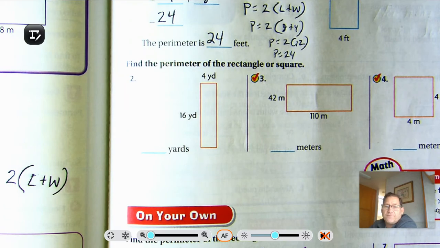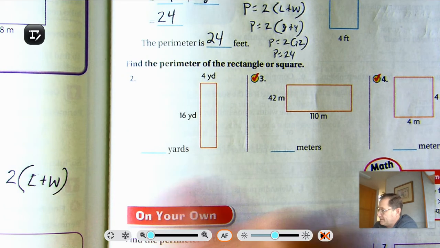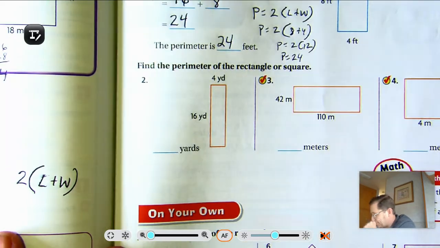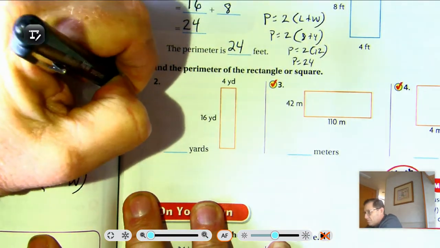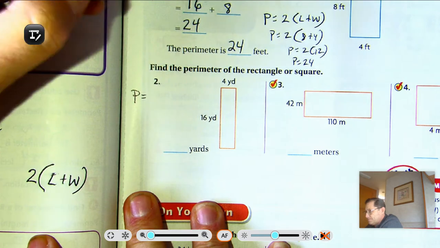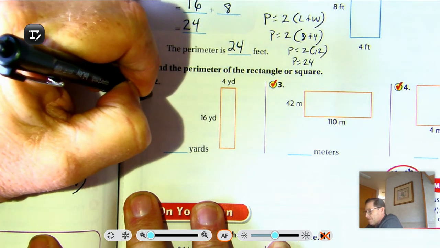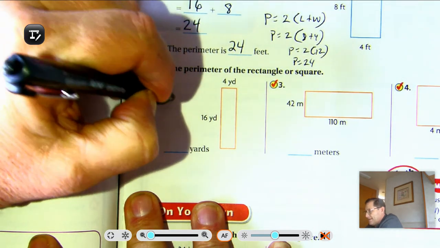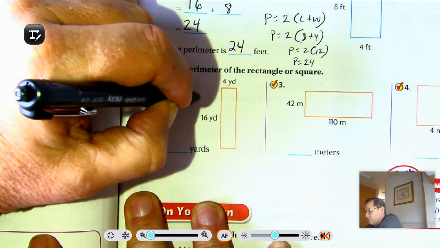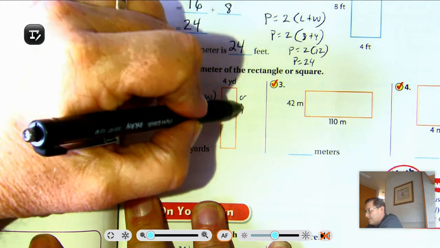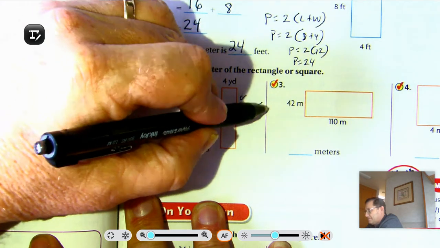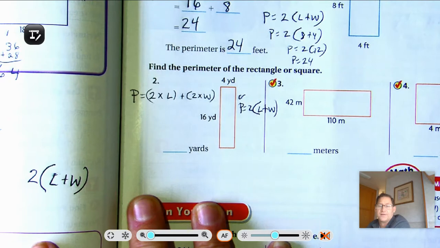Find the perimeter of the rectangle or square. All right, this is a rectangle. It's not a square. All the sides are not equal. So my formula would be 2 times length plus 2 times width, or P equals 2 times the length plus the width.